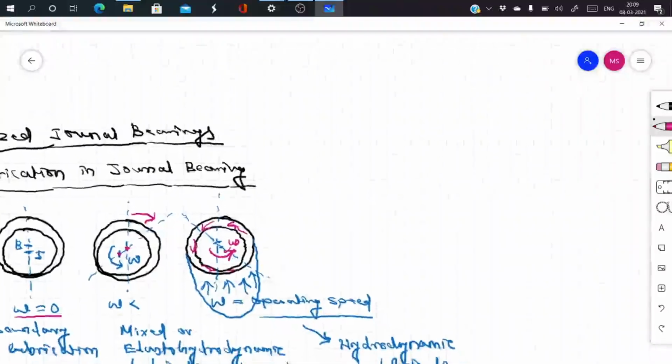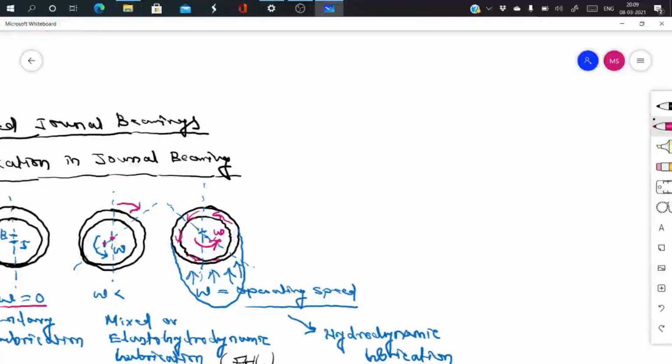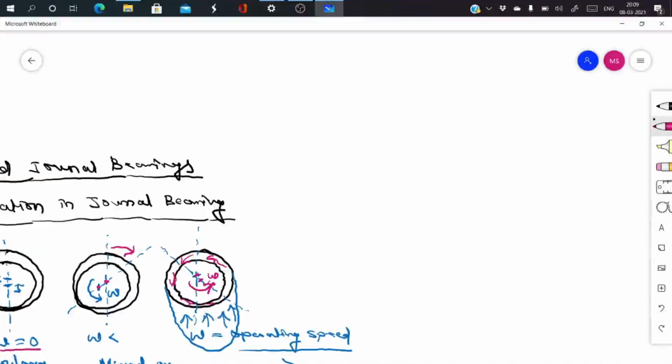Okay, this is some intermediate speed. But at the operating speed, you will see that the journal is shifted towards the right. This is the journal center, this is the bearing center. If you connect these two, the line connecting the journal center and bearing center is measured towards the left from the vertical axis.